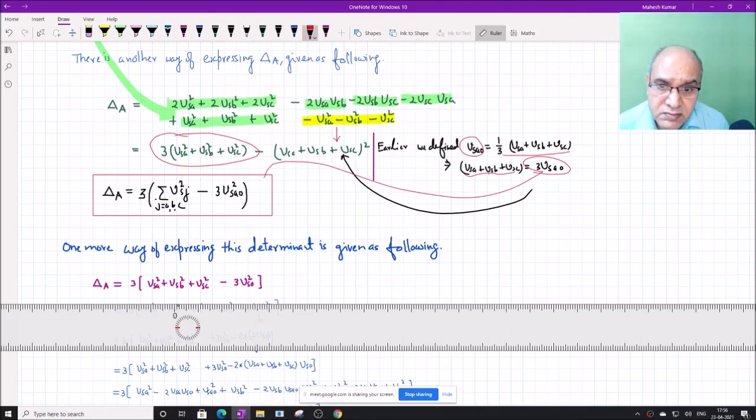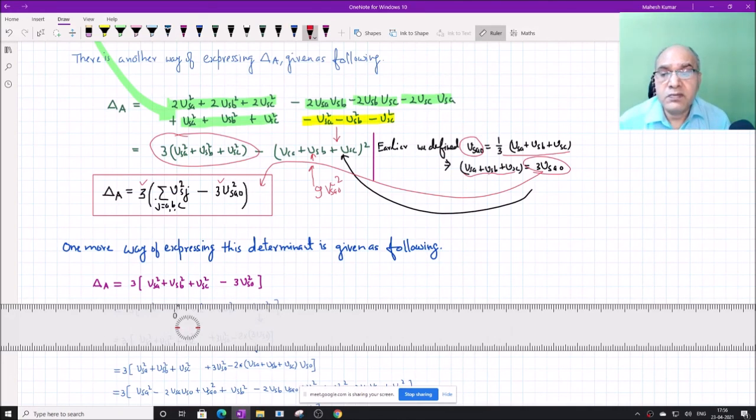Substitute back here. It becomes 3 into sigma VSJ square for J is ABC minus 3 VS0 square, because this 3 into 3 becomes 9. So actually this is 9 VS0 square. So 3 is gone from this, 3 is here, so it becomes 9 VS0 square.